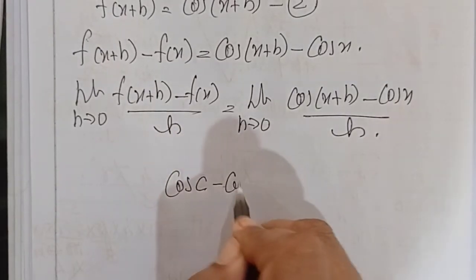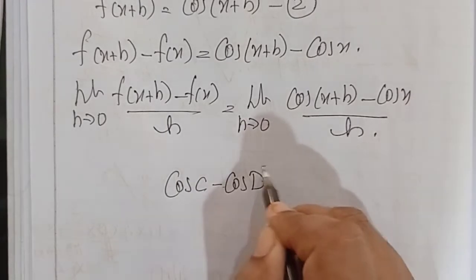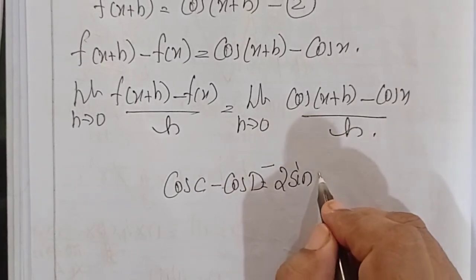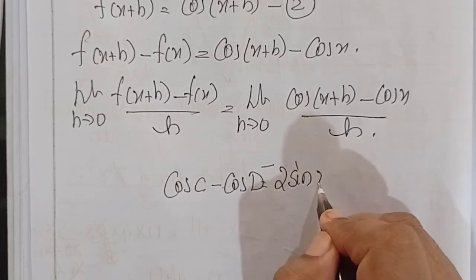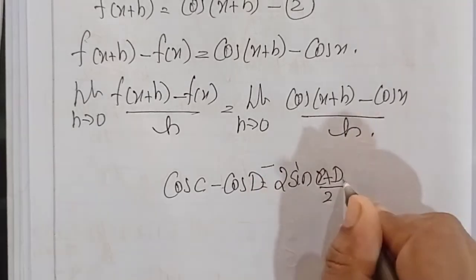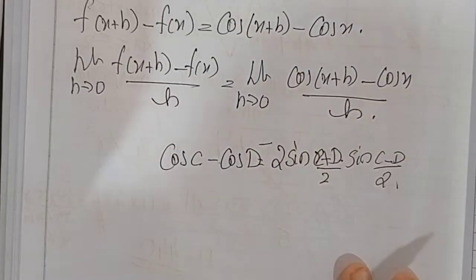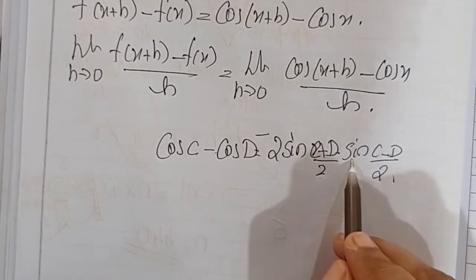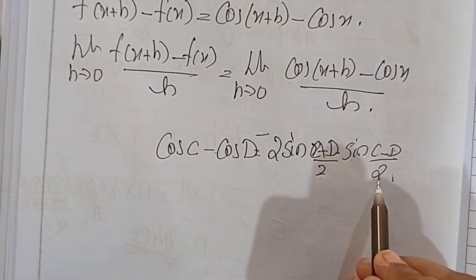Cos C minus cos D is minus 2 sin of (C plus D) by 2 into sin of (C minus D) by 2.